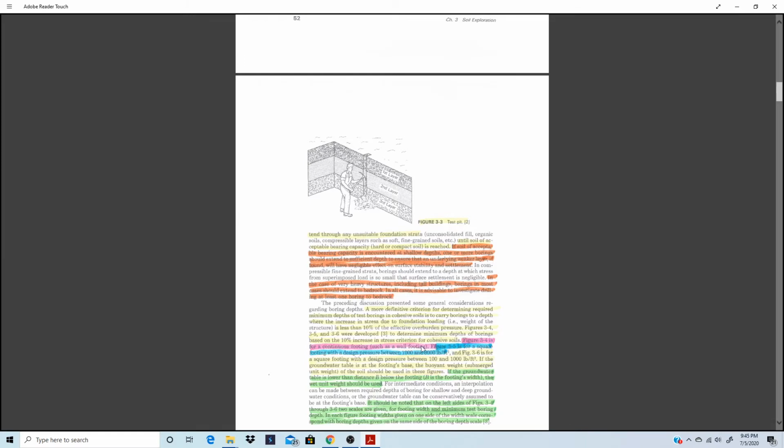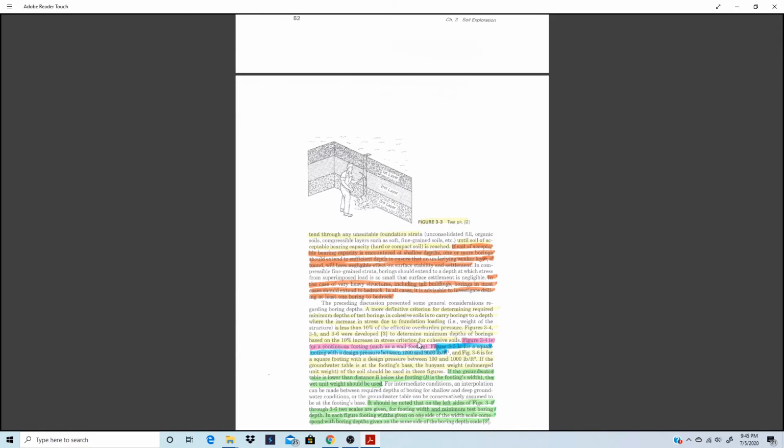Now, the new book does not have these figures in here, but I really like to include these figures and actually have the extra data in Blackboard already, because if you're not sure and you're kind of new to it and you're trying to get some idea of depth for your borings, this is really good.